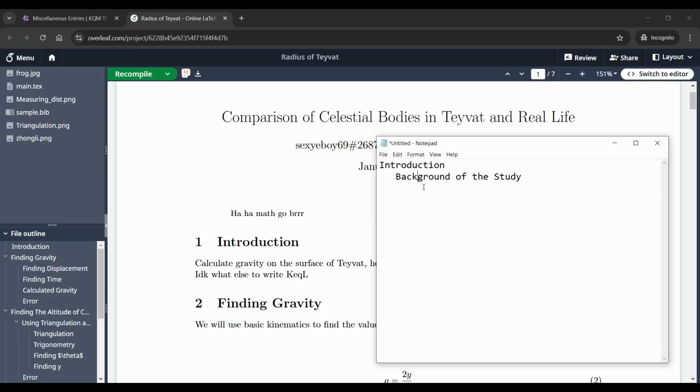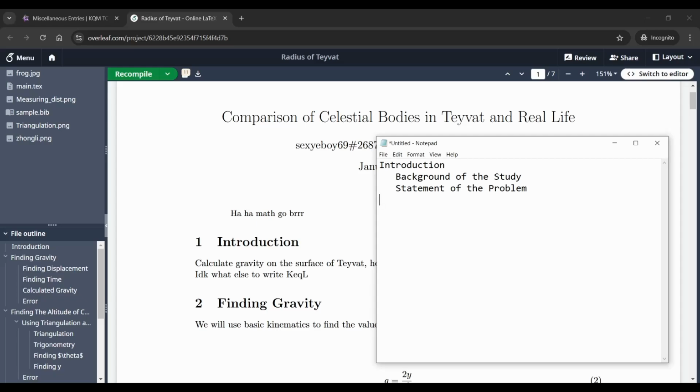After that, we typically have something called the statement of the problem. In actual research, we tend to focus on innovation and problem solving, so that's why we have a statement of the problem, because in order to innovate or to solve problems, there has to be a problem in the first place. The point of this statement of the problem is to make it explicit what exactly the problem is.